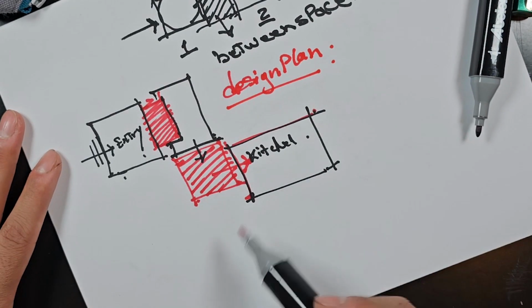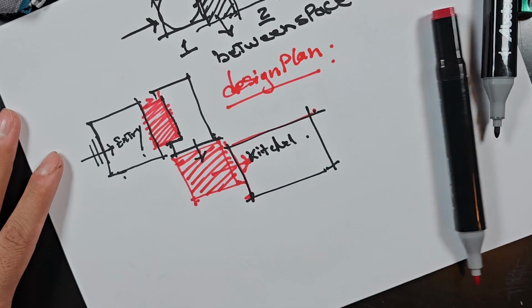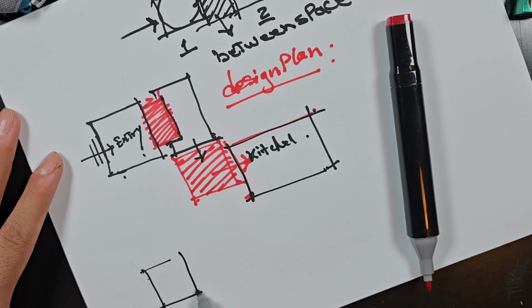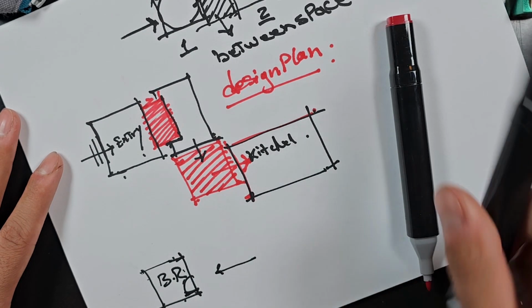Okay, another example, for example, this is a bedroom. Okay, you want to enter this. You can't move directly to the bedroom.